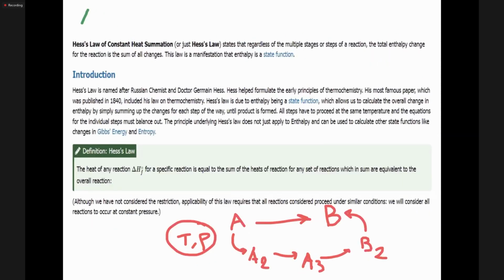So the reaction enthalpy value, del RH, will just be equal to the summation of del RH i.